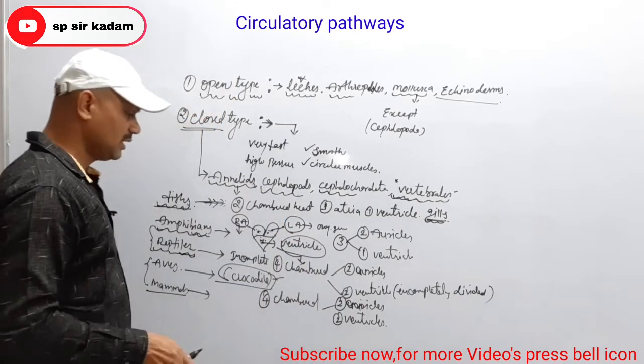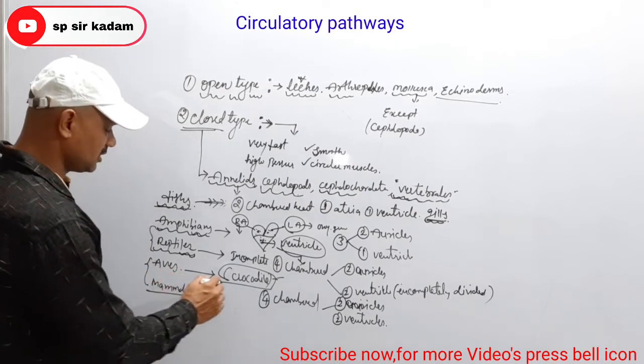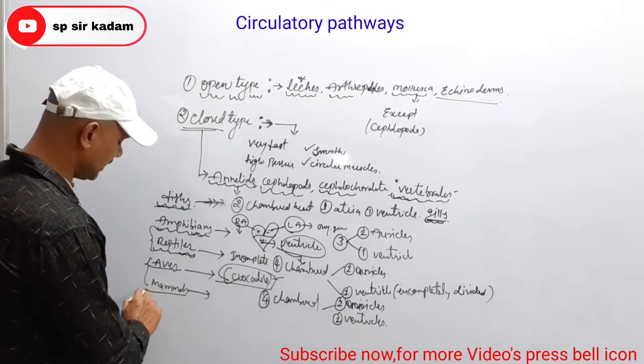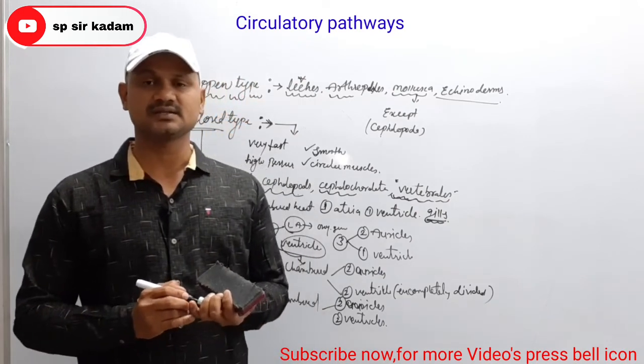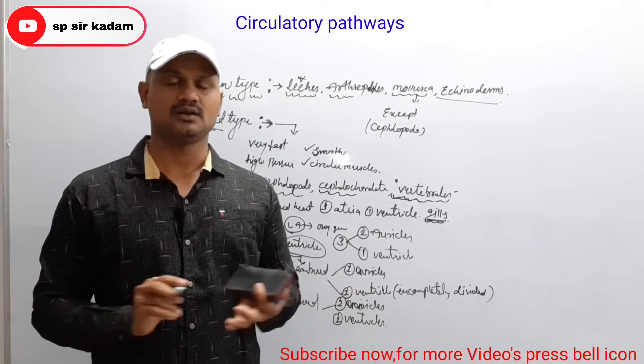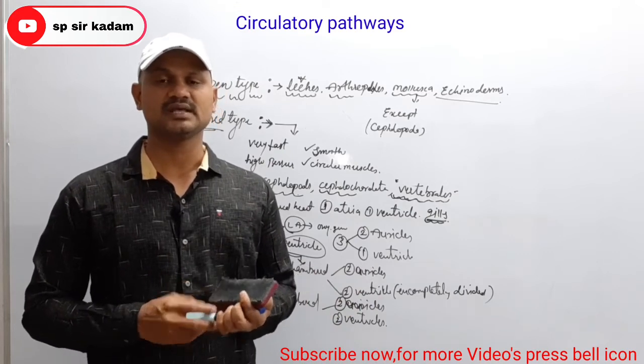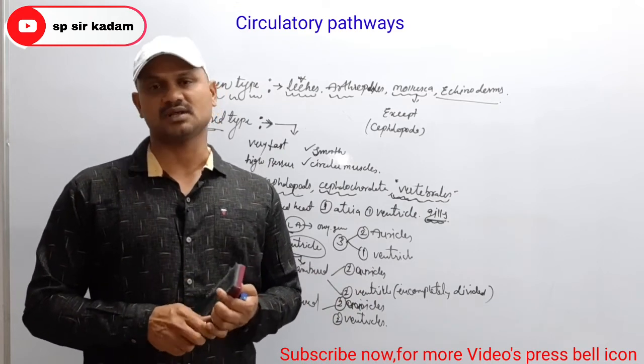So in this case, which case? In crocodile, aves and mammals, due to complete division of auricles and ventricles, blood does not mix at all. Such type of circulation is known as complete double circulation.